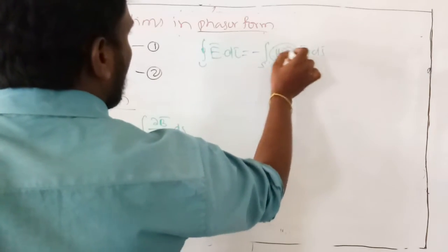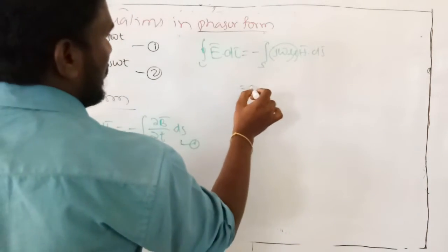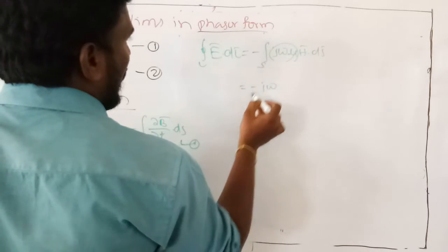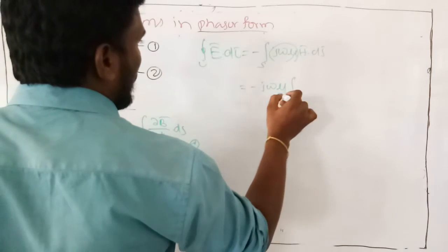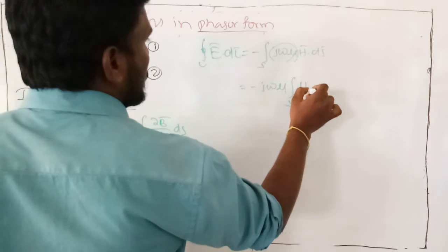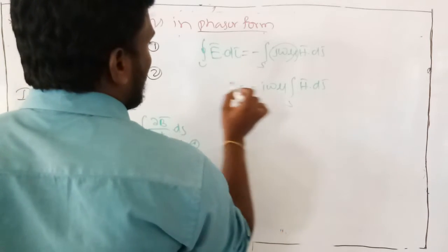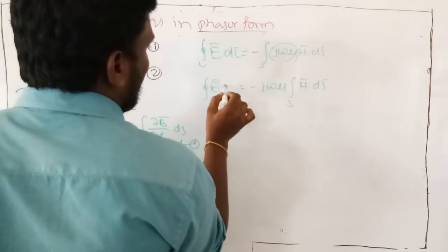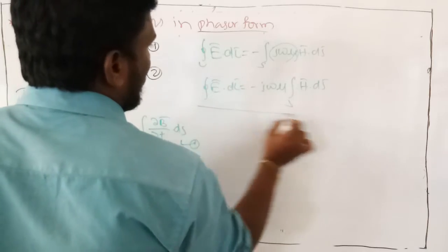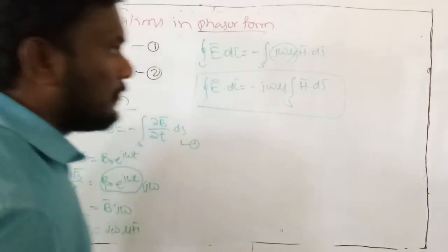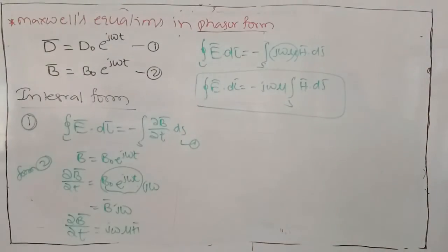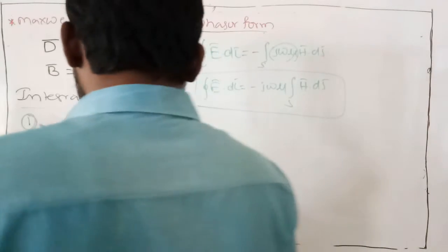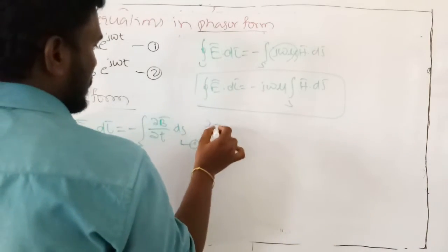Here j omega mu is a constant, so you can write those constant terms outside the integration: minus j omega mu times the surface integration of H bar dot dS bar. This is the phasor form. Right. Okay, similarly express another Maxwell's equation.